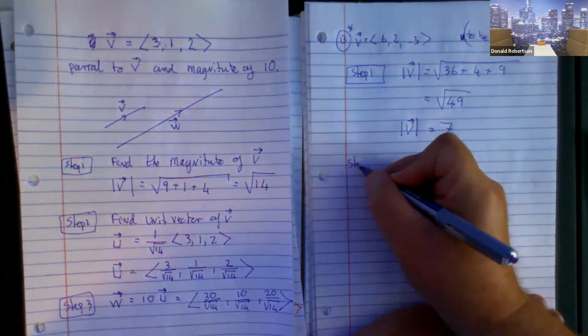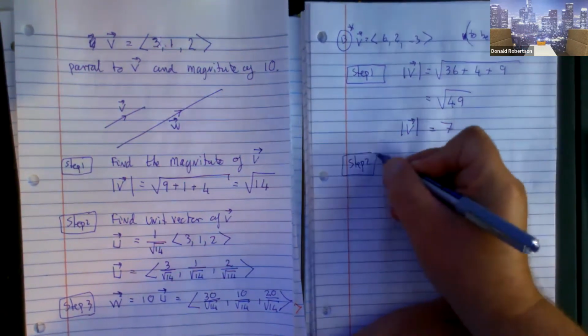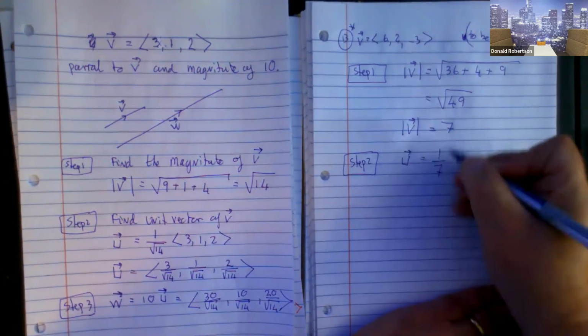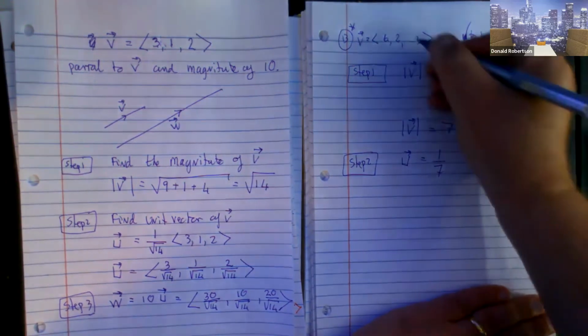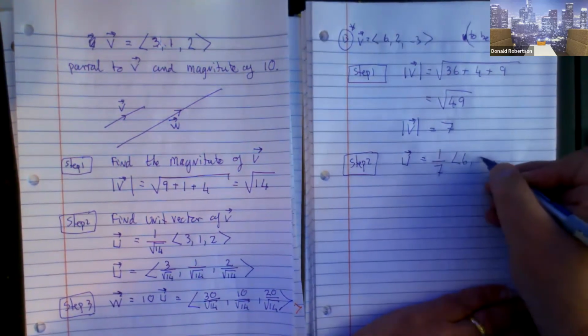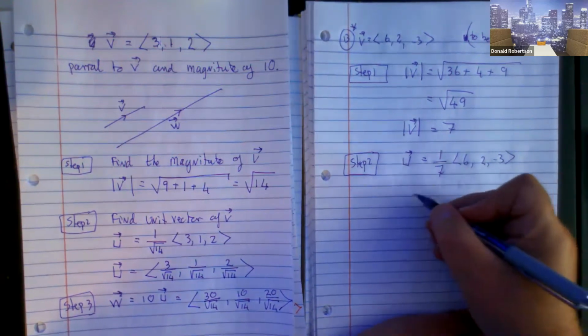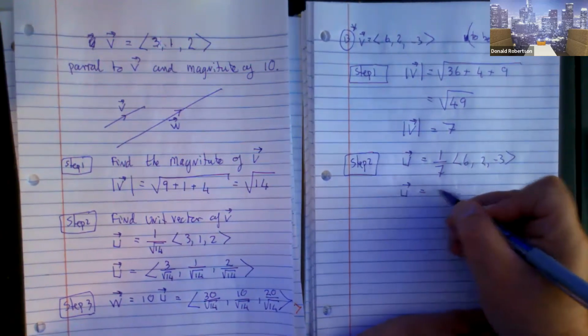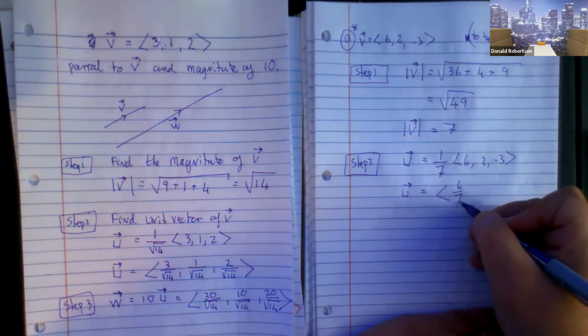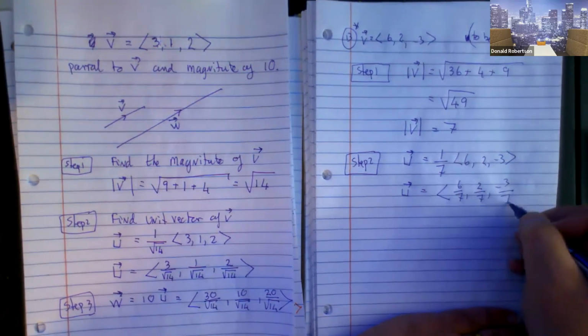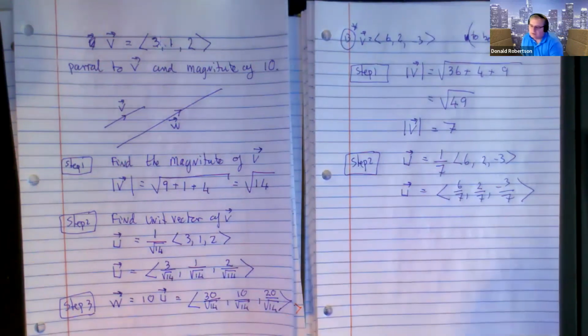And then in step 2, I'm going to calculate the unit vector, which is 1/7, because that's 7, of this guy. And if you multiply each of these by 1/7, the unit vector is 6/7, 2/7, -3/7. Is it looking good?